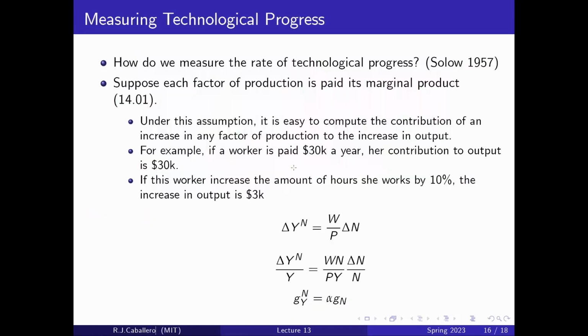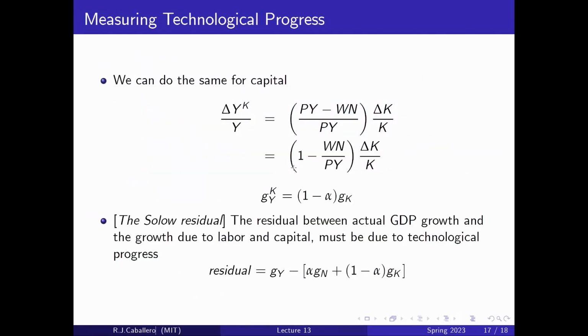Okay? And it's called the Solow residual, by the way. But that's the way the rate of growth of A is measured: the rate of growth of output minus the contribution to growth of employment, population, and capital.